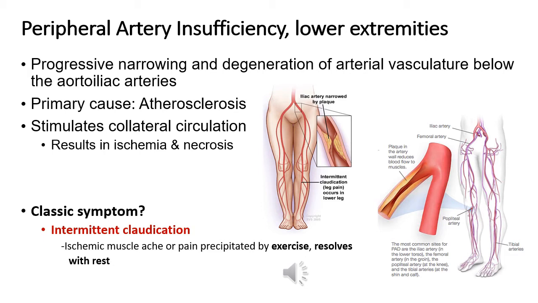So we're looking at an occlusion here of those arteries, or somewhere in that vascular pathway, or a narrowing due to that atherosclerotic buildup. One of the hallmark symptoms of this that you'll see in clients is something called intermittent claudication. So here's what happens.